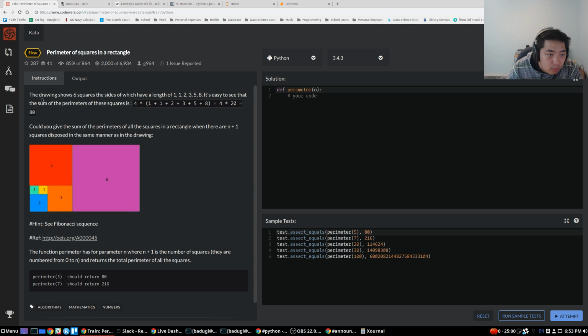Okay. The drawing shows 6 squares, the sides of which have lengths of 1, 1, 2, 3, 5, 8. Could you give the sum of the perimeters of all the squares in a rectangle when there are n+1 squares disposed in the same manner as in the drawing?